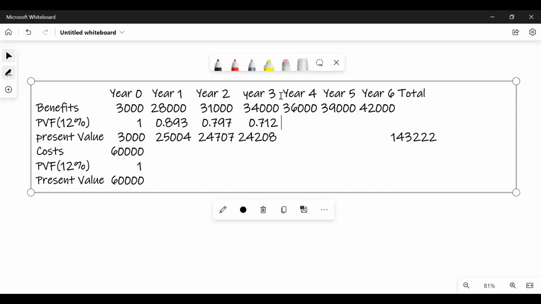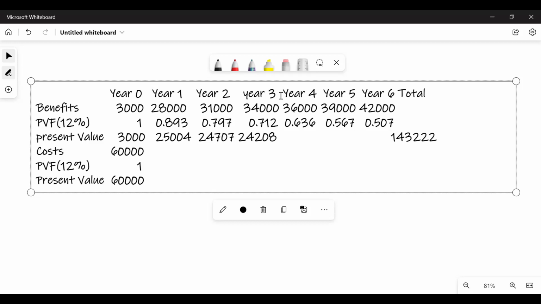Then the present value factor for year 4 would be 0.636, and then 0.567, then 0.507. So these are the present value factors for 12%. Once you multiply these two, we get the actual value in the present value.